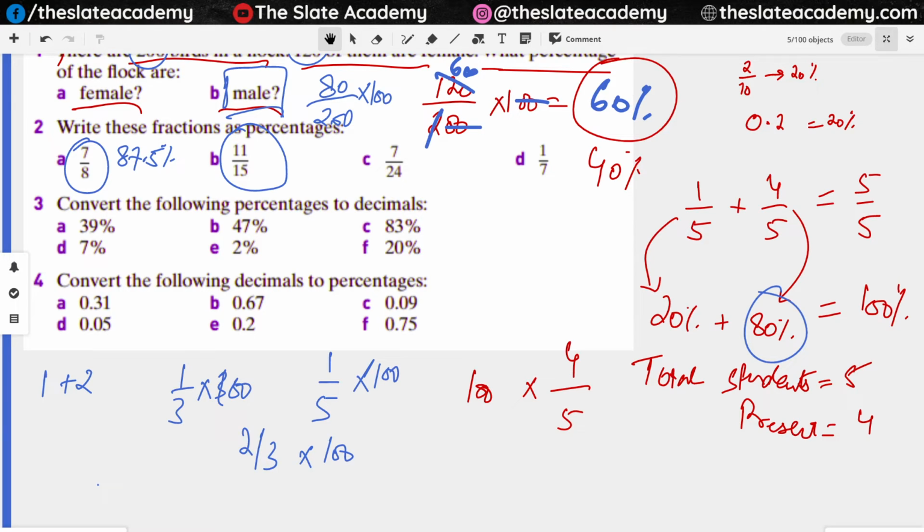Yes, Elias. Mr. Elias. Percentage of 11 out of 15? 73.33%.